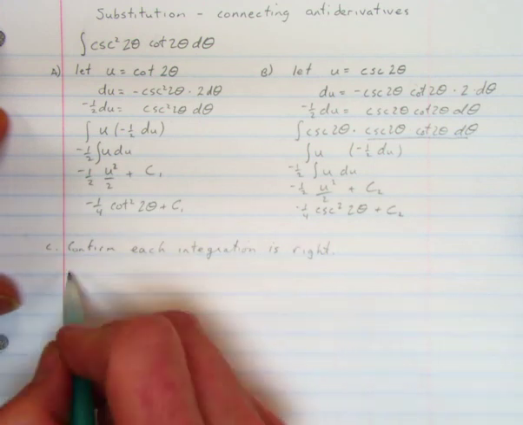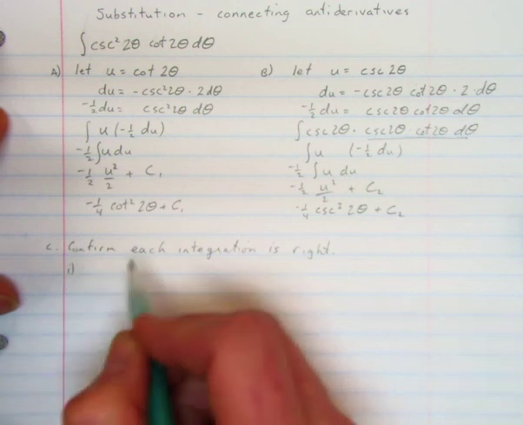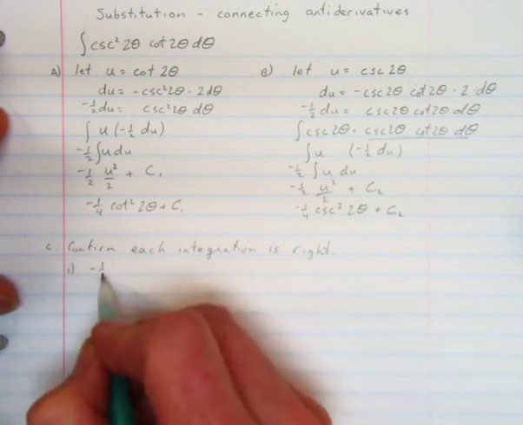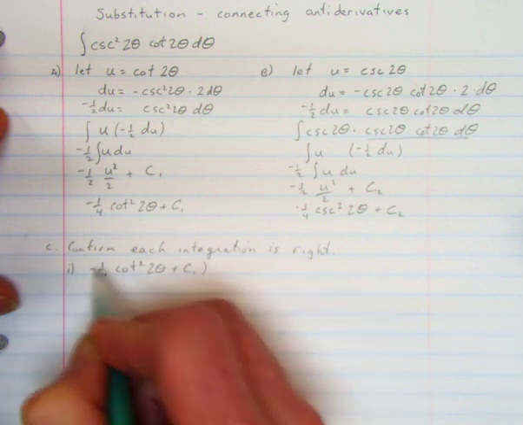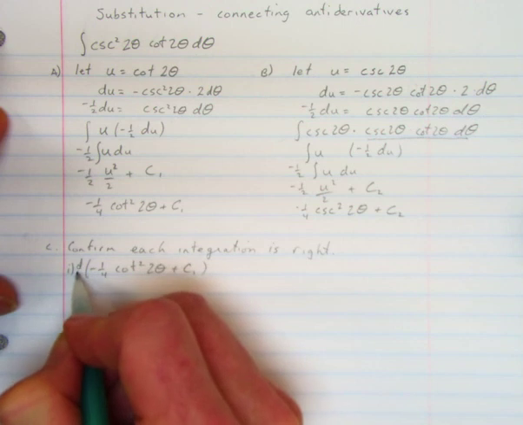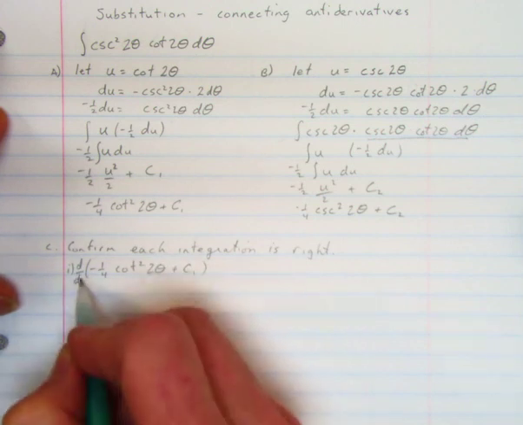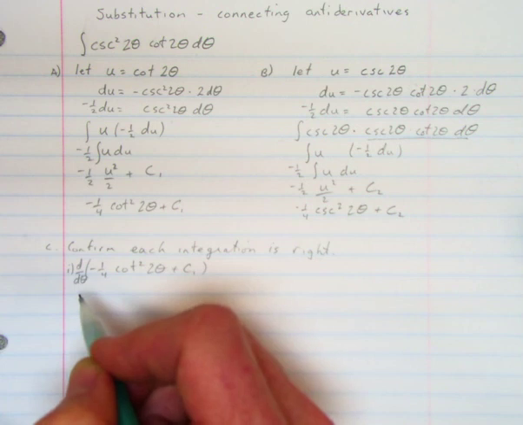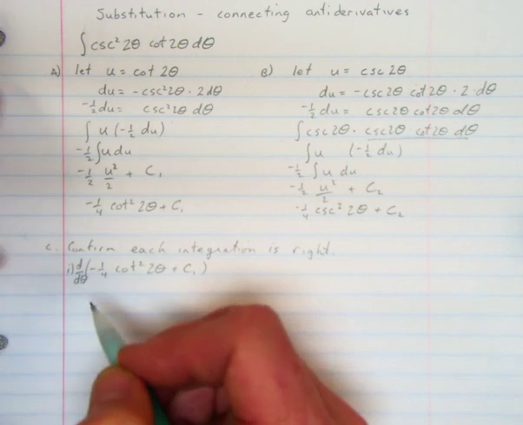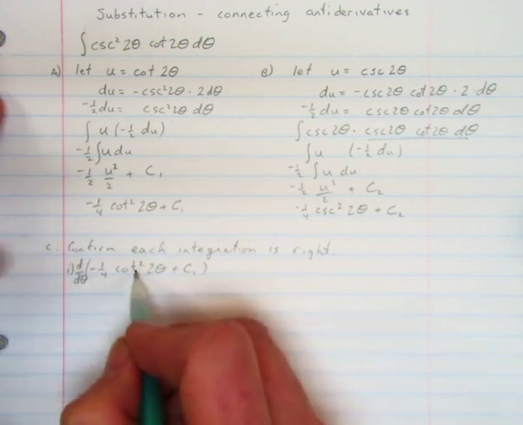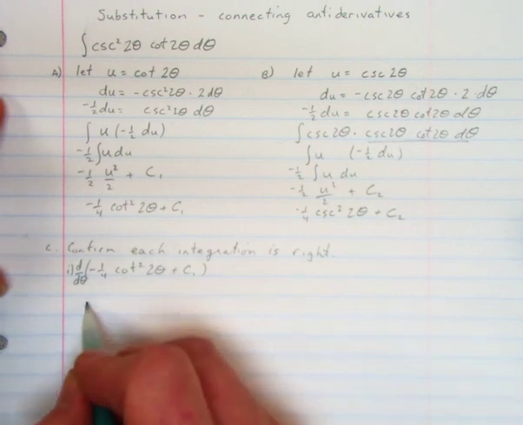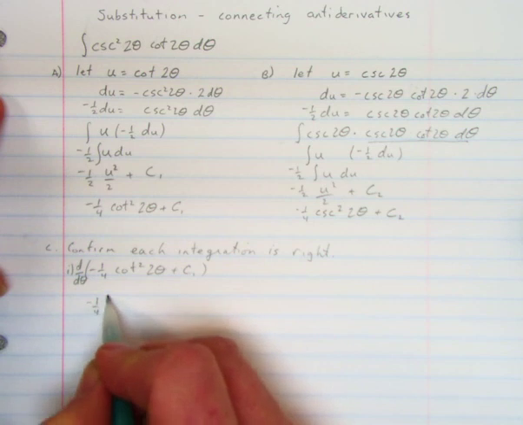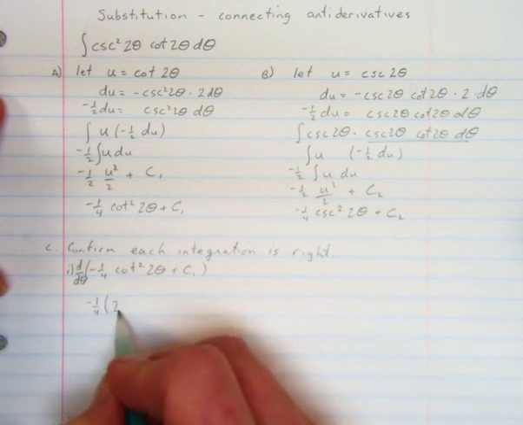So let's find the derivative of the first one. So we'll say I. We have negative 1/4 cotangent squared 2 theta plus some constant c, and we're going to find the derivative with respect to what variable? Our variable here is theta, so we're saying with respect to theta. We have cotangent squared, so that is our outside function, the squared. We're going to say leave the constant alone, negative 1/4 times 2.